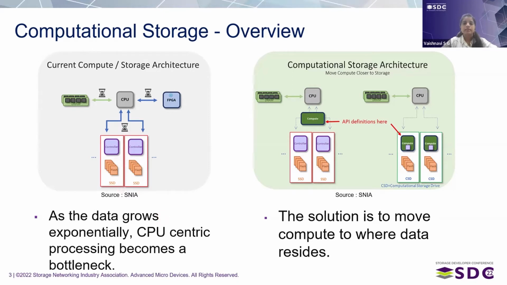These bottlenecks result from higher CPU utilization for infrastructure tasks or from having to move large amounts of data across various components in the system. One solution to solve this problem is to move some of the computation closer to where the data resides, and that is the basic idea behind the computational storage architecture.